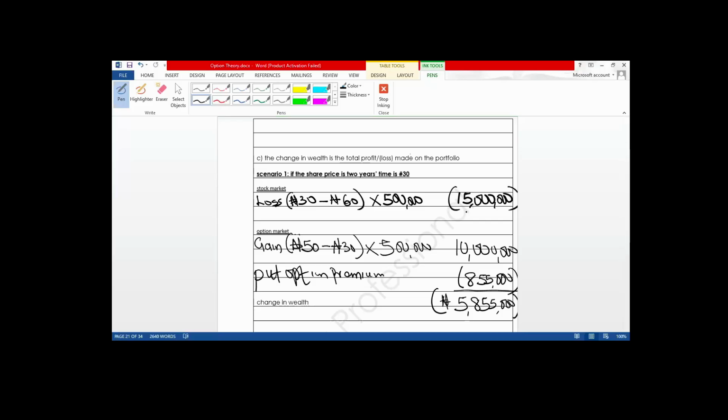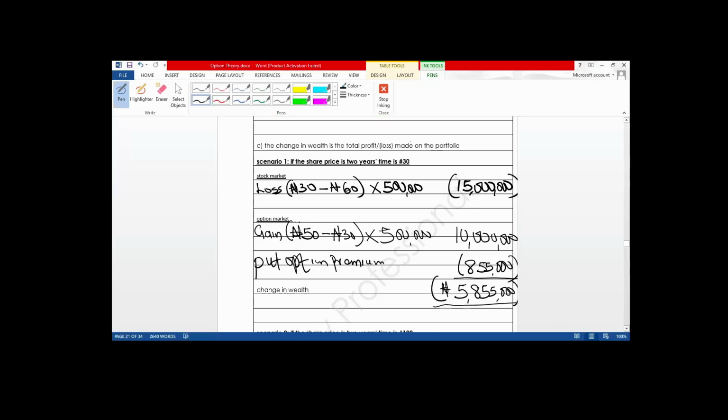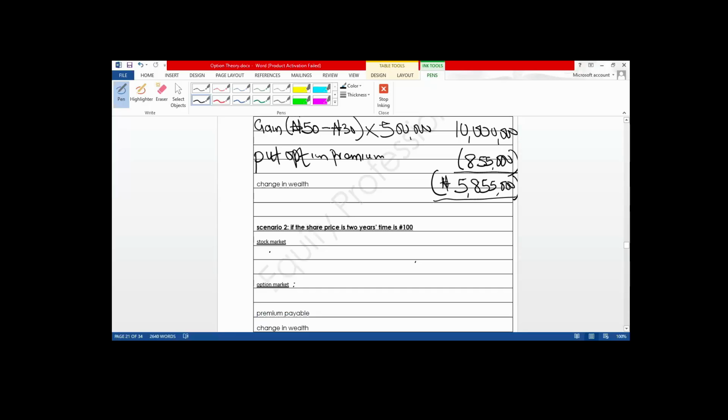Assuming she has not taken a hedge, she will have lost 15 million naira. By going to the option market to hedge, the loss has been reduced to 5,855,000. You are done with scenario 1.